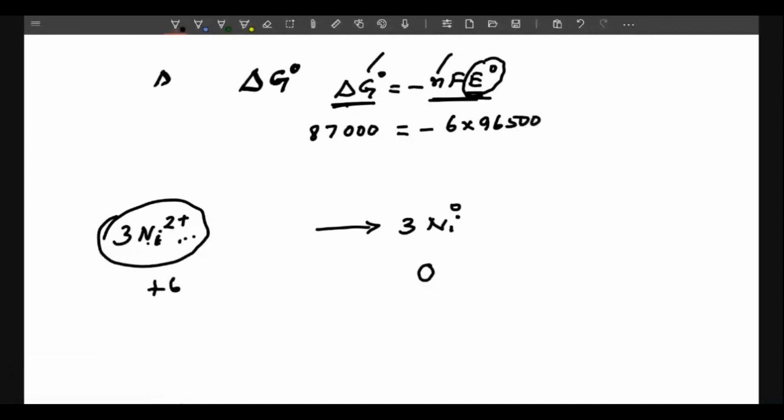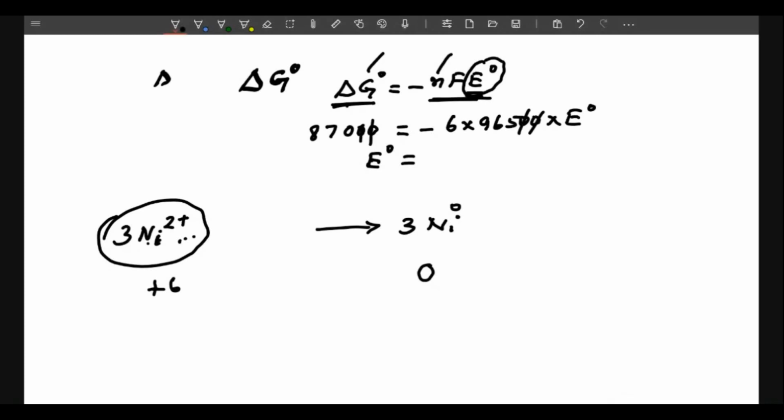965,000 into E naught. Shall you calculate the E naught now? E naught is equal to how much? You can calculate. This and this cancel, this and this cancel.